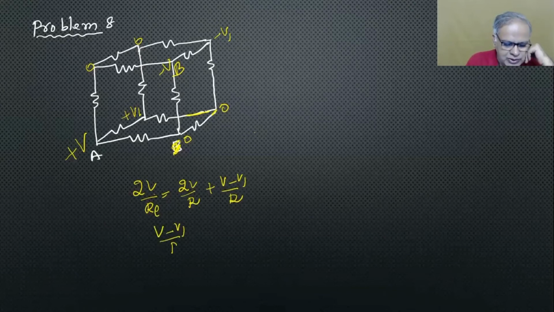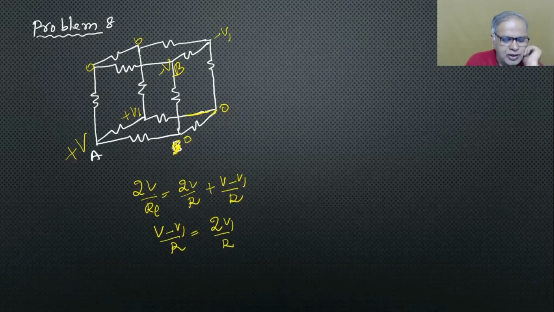V1 by R equals, tell me, 2 times V1 by R. 2V1 by R. Is it okay?